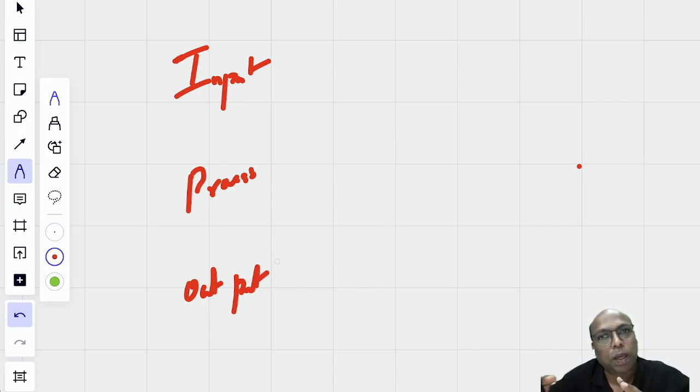She goes to the shopkeeper and buys an ice cream. She gives two things. One is the money. The other is she also knows the value of the product. Therefore, the input is two: one is the money she gives to the shopkeeper, and the other is the value of the product.